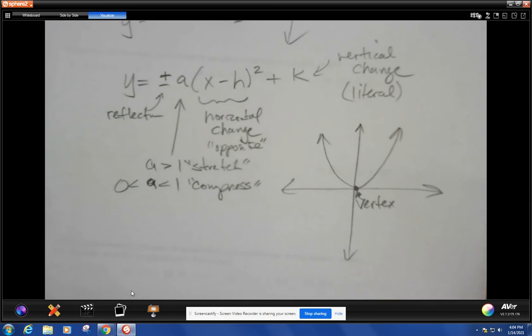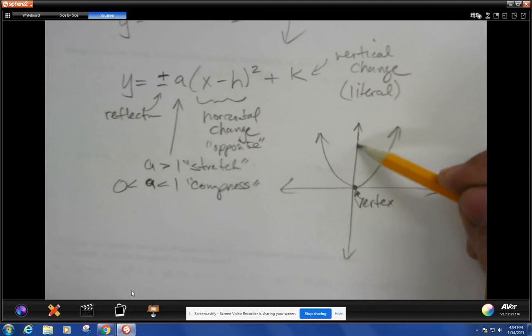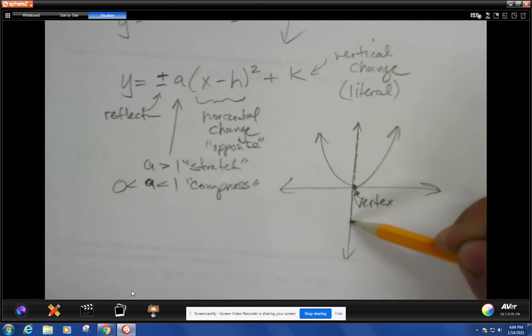And so there's some other important information that comes as a result of this that we need to talk about as well. Our axis of symmetry is the line where if I turned this graph completely around, it would land right back on top of itself again, okay? So if you notice, I really have an axis of symmetry right here in this particular graph.